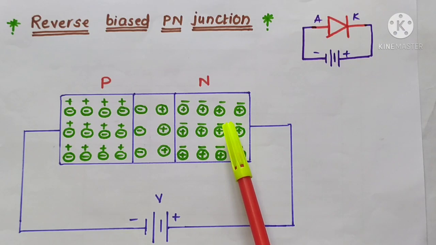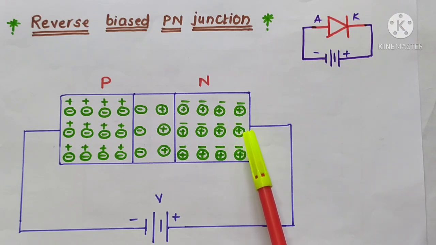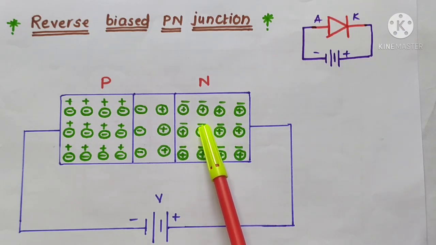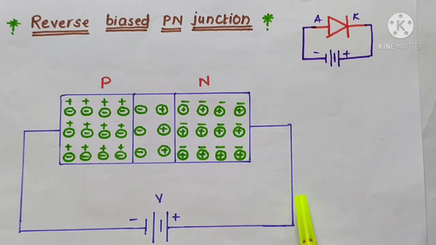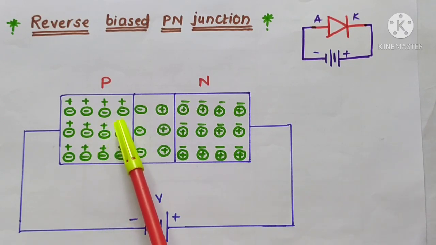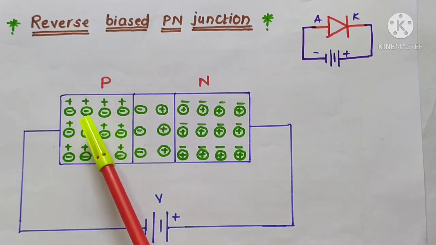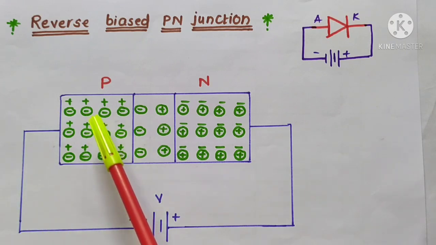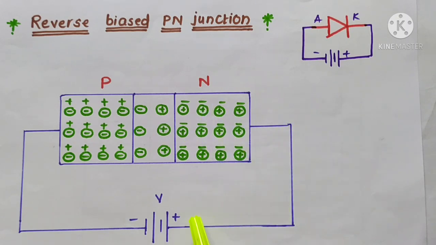Okay, so in this condition, the electrons which are majority carriers in the N type region will get attracted towards the positive terminal of the battery, and similarly the holes having positive charge are attracted by the negative terminal of the battery. As these majority charge carriers are attracted by the battery, holes from the P side to the negative terminal and electrons from the N side to the positive terminal, due to that more ions will get created near the junction.